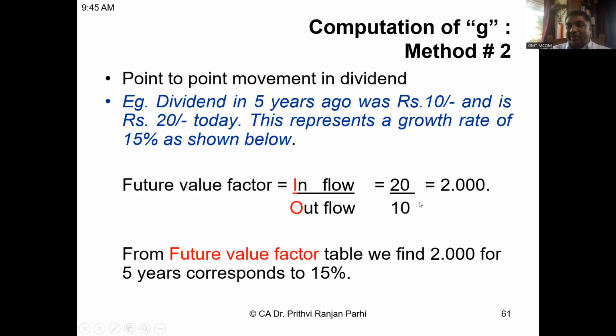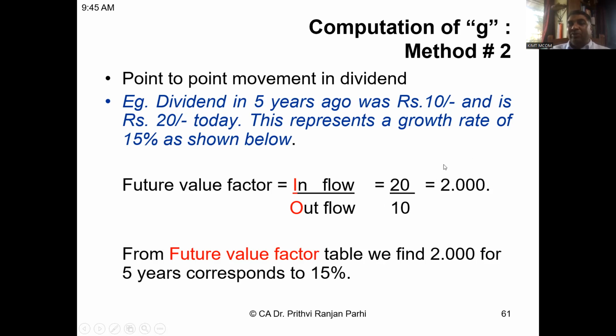This 2.0 is referred to as future value factor. That means your investment is 10. If you multiply it with 2.0, it will become 20. So to convert your present value to future value, you have to multiply it with 2.000. So this is the future value factor. If you multiply your outflows with this factor, you'll be getting future value.